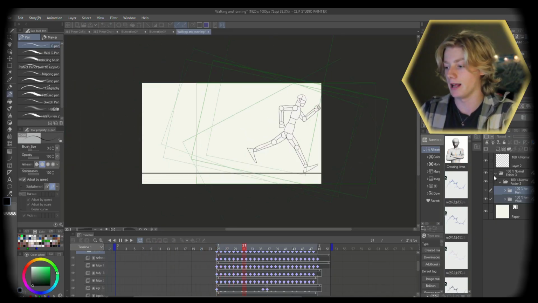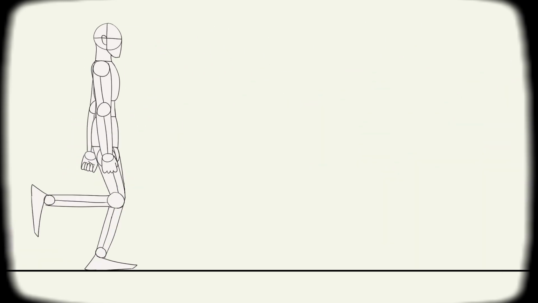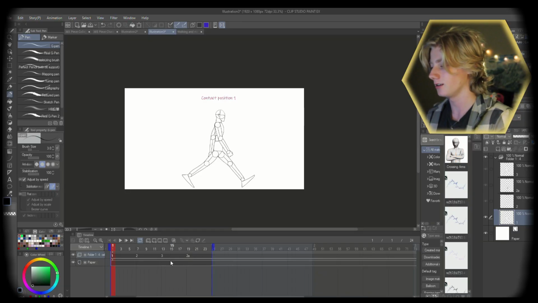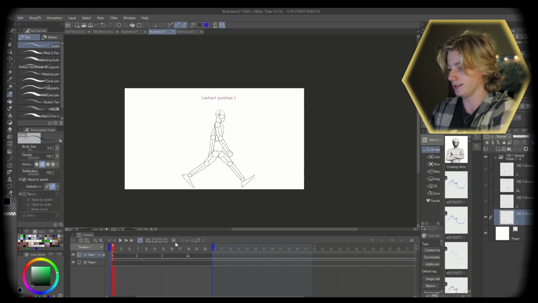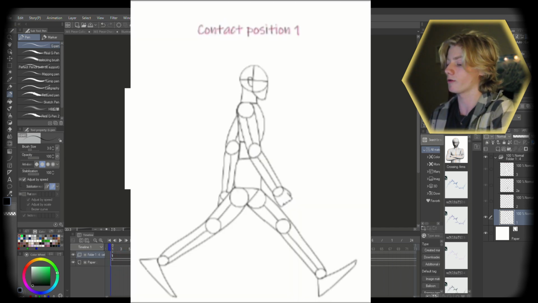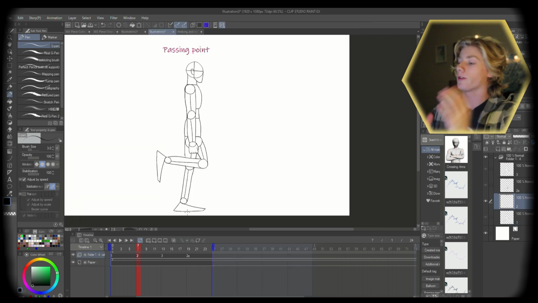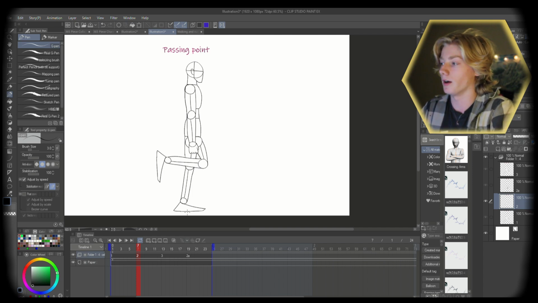Okay, so here we have it. It may look slightly complex, but I'm gonna try to break it down for you to make it seem more simplified and just, you know, less spooky. When animating a walking cycle, the two basic poses you're gonna want are the contact position, where both feet are touching the ground, and the passing point, where the front leg is bending up and the back leg is planted to the ground, positioning the body straight up.